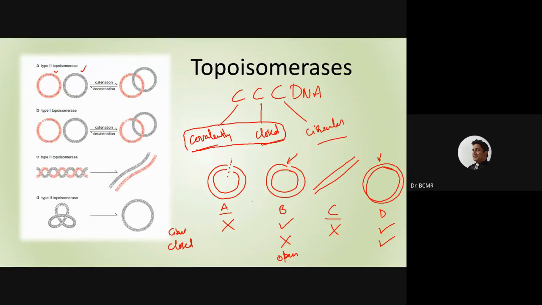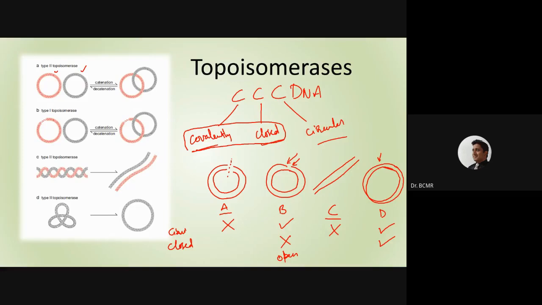I hope you understand the difference between open circular and closed circular. Closed circular has no gap. The phosphate backbones in both strands are continuous. If it is open circular, there might have been a nick as shown in molecule B.